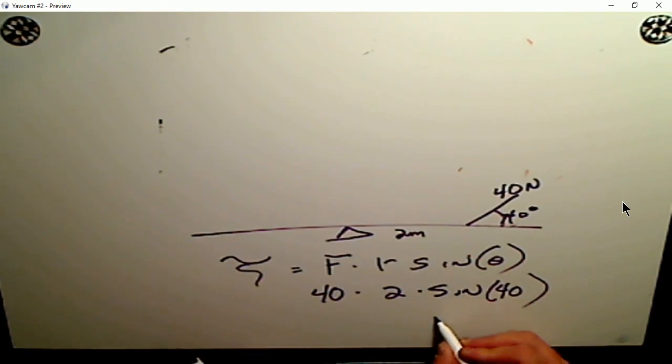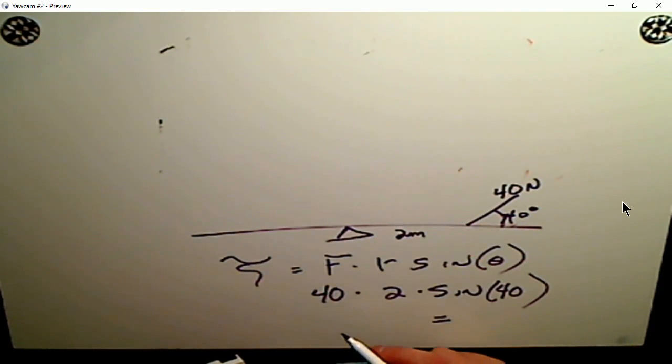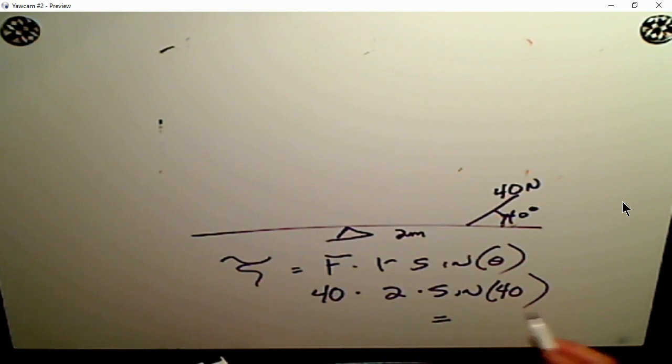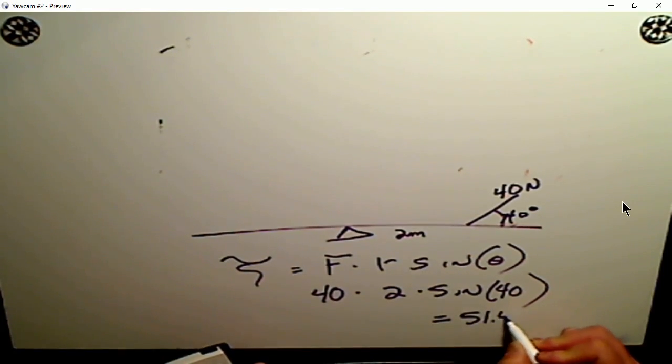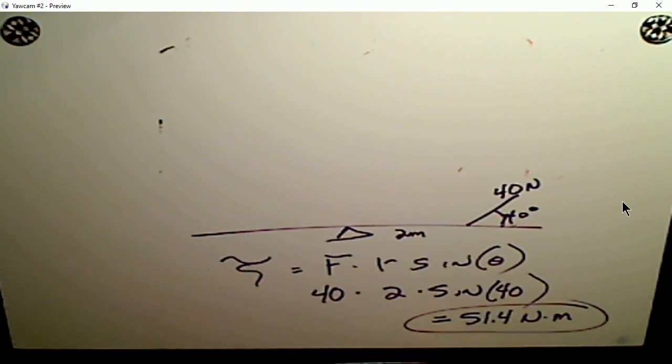What are we getting as the torque? If we're having 40 times 2 times sine of 40, you should be getting something like 51.4 Newton meters, which is the unit for torque. As you would expect, force times the radius equals torque.